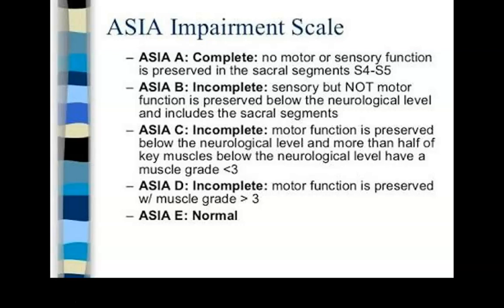And you can classify according to degree of neurological affection, what we call the ASIA impairment scale. ASIA A, complete loss of motor and sensory functions below the level of the injury.